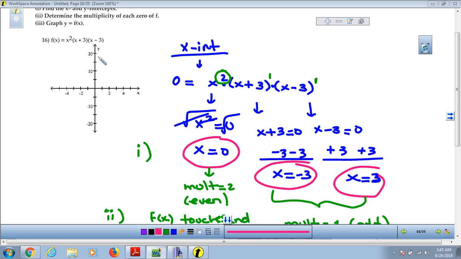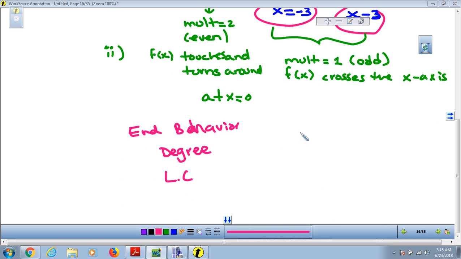So, x to the second, x to the first power, and x to the first power. I'm going to multiply those x's together. So x to the second times x, so my degree is 2 plus 1, 3, plus another 1, 4. Degree is 4, which is even.